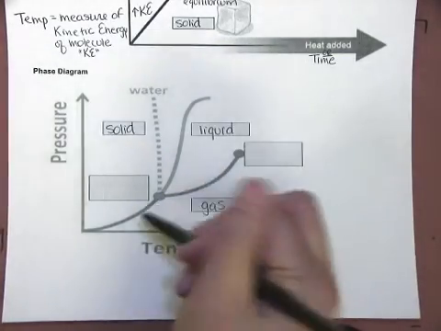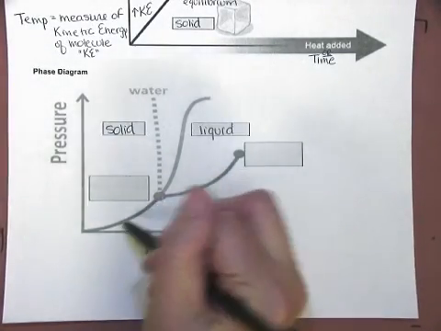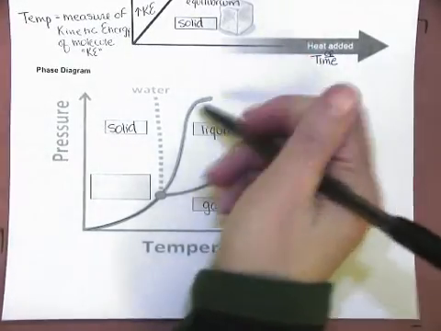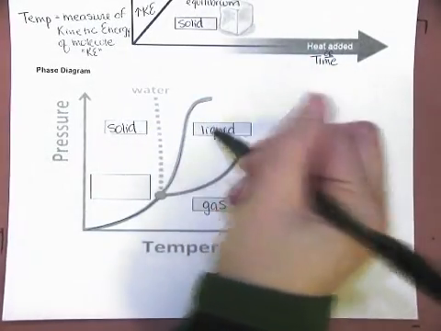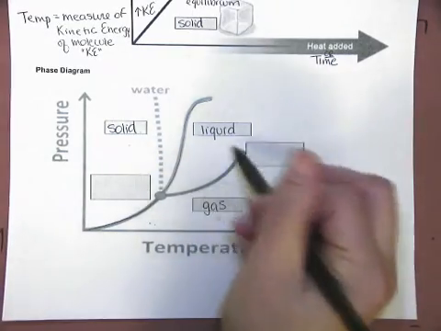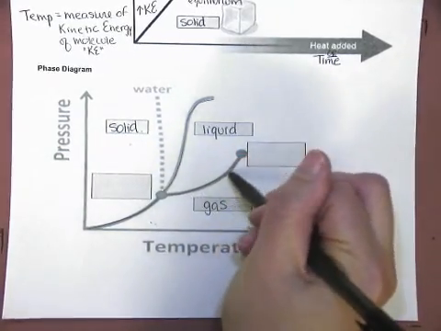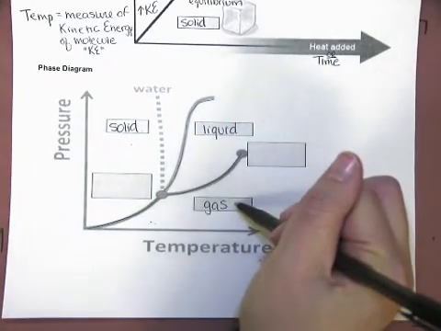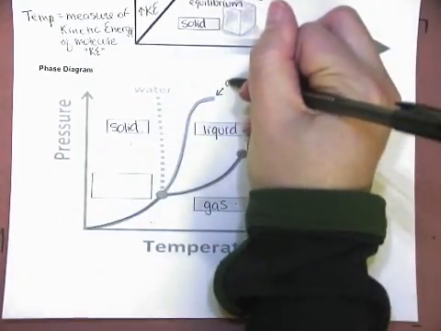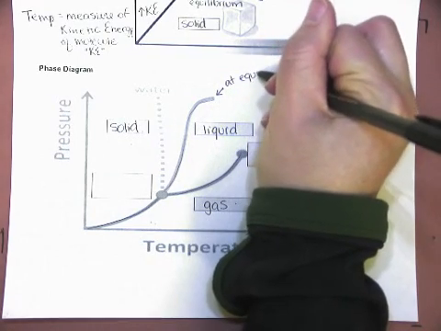We have these lines here that are our boundaries. So here is our line that comes up. That's our boundary between solid and liquid. It's also our boundary between solid and gas. And then we split our liquid and gas, and that's where we have liquid on one side and gas on the other. On these lines, we are at equilibrium.